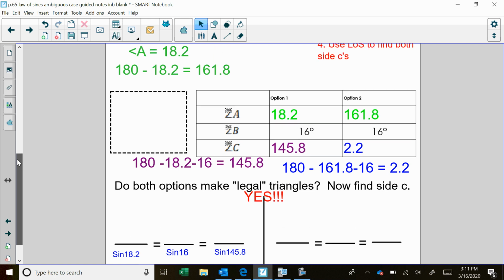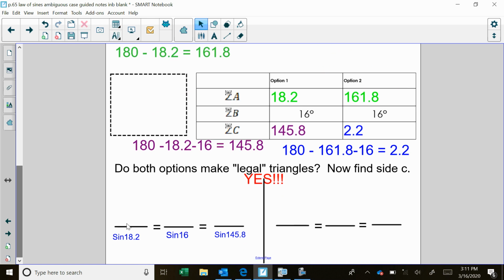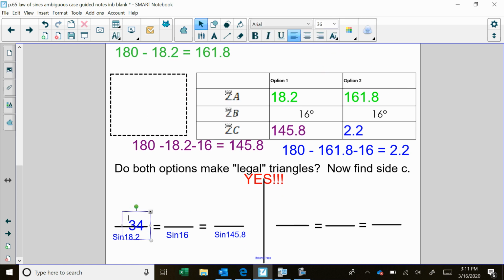Side lengths are given to you up top in the original problem. A is 34, B is 30, and that's going to stay constant for both triangles. So you have a 34 here, and you have a 30 here.